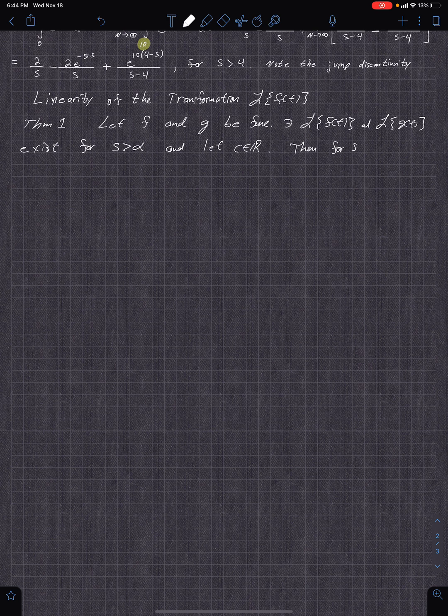Then, for s greater than alpha, where they exist, we have that the transform of f plus g is equal to the transform of f plus the transform of g. So that's what we mean by linearity. You can break it up like that.